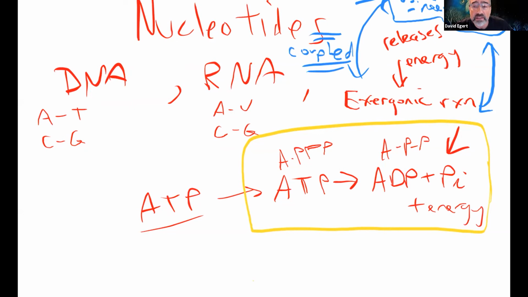We're going to see lots of examples where we tie the hydrolysis of ATP into some action that would not normally happen on its own without an energy input. So we're going to see a lot of cases where we use ATP to provide the energy for some reaction that needs energy to run. That's what I mean by coupled. They are kind of linked together.